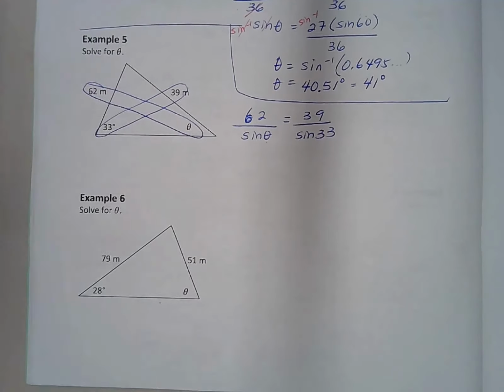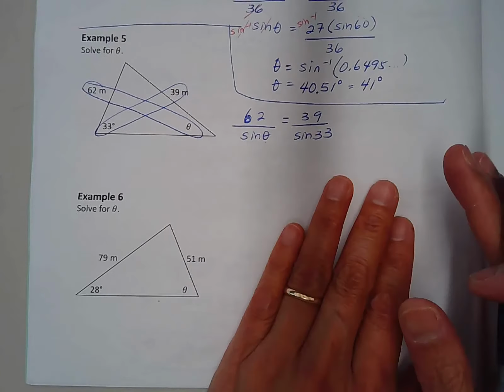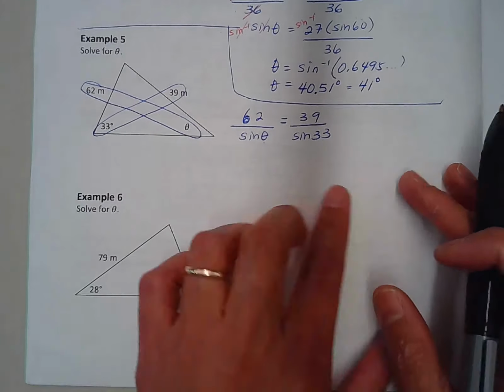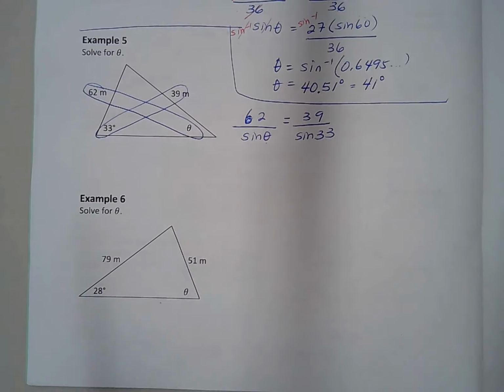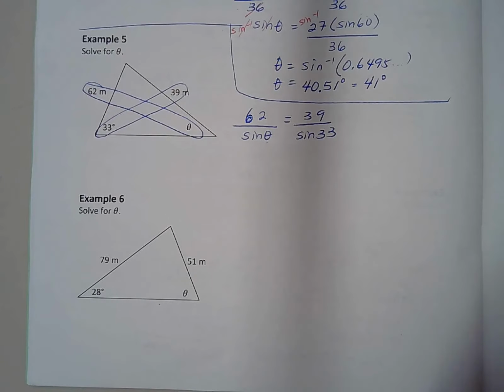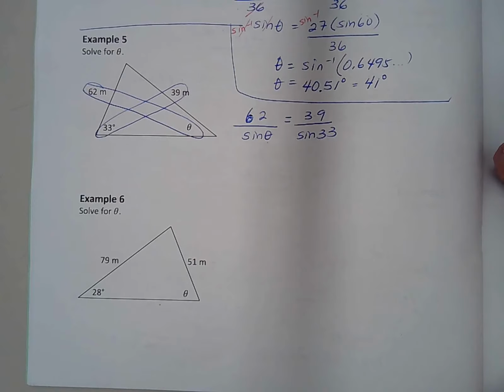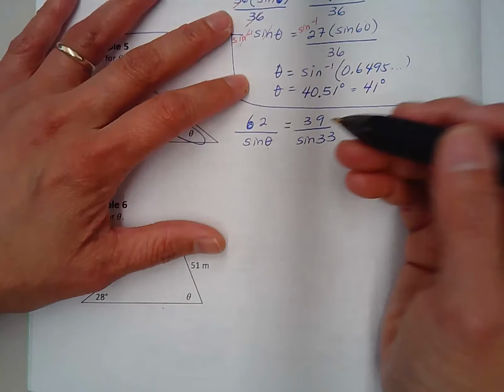Before we solve this, do you think theta is going to be bigger than 33 degrees or smaller than 33 degrees? Bigger. That was pretty fast and very confident. The question is why? Wider side, or larger side, correct. Now let's calculate it.